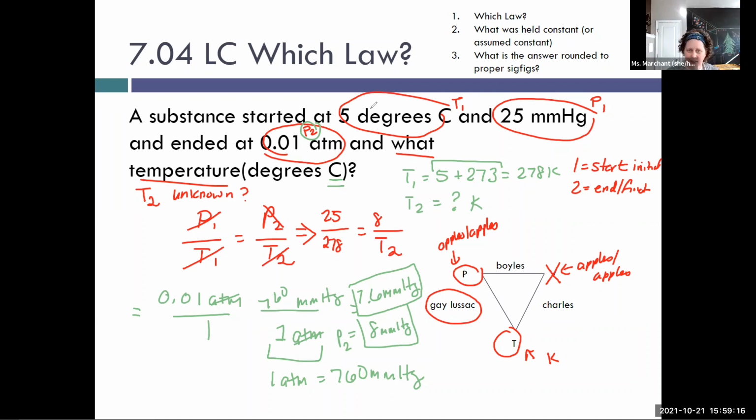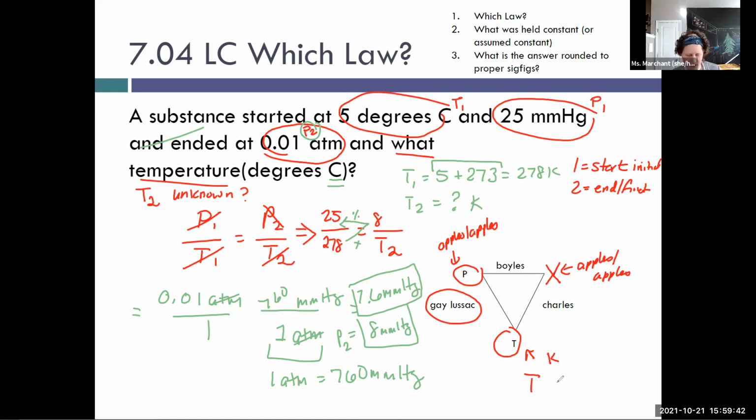Cross multiply and divide. 8 times 278 divided by 25. If you don't know how to do it that way, you can use your normal algebra to also do it. 278 times 8 divided by 25. That gives me a T2.